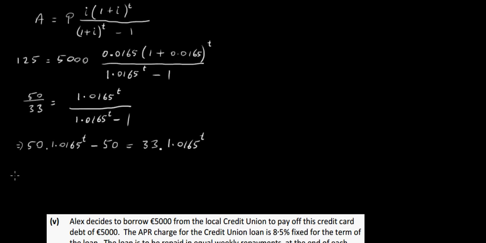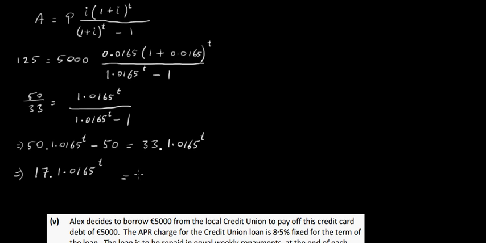Okay, so next thing I'm going to do then is, look, I've got 50 of these here, 1.0165 to the power of t, and I've got 33 of them on this side. So what I'm going to do is bring this over here and subtract. So I've got 50 of these minus 33 of these. That gives me 17 multiplied by 1.0165 to the power of t.